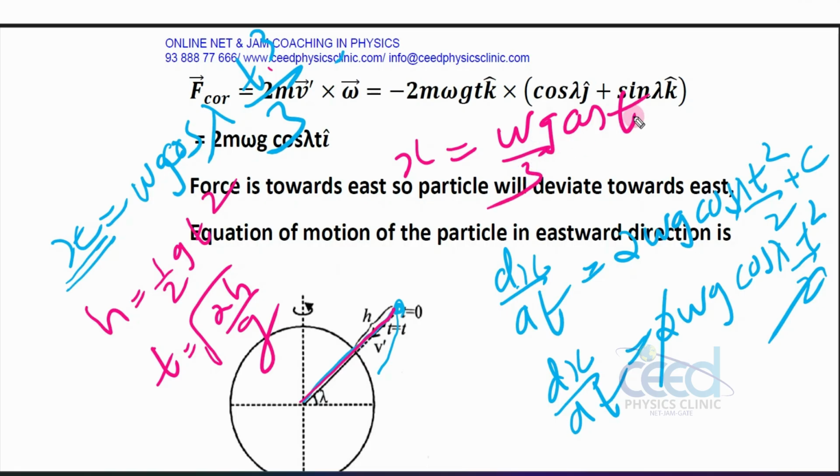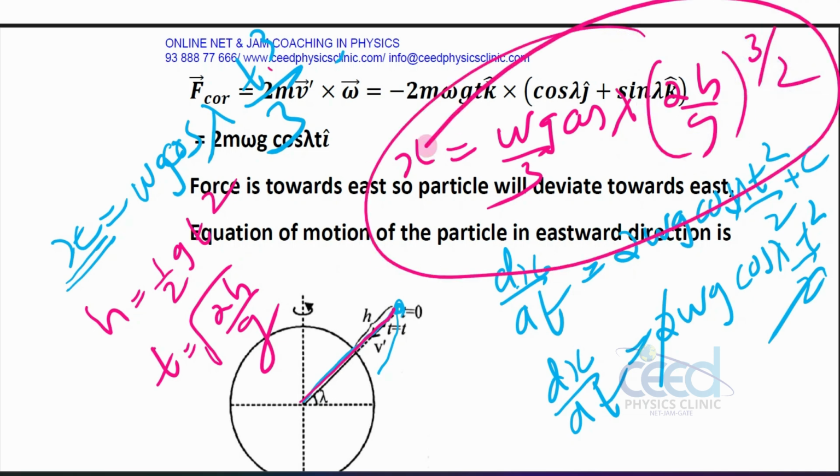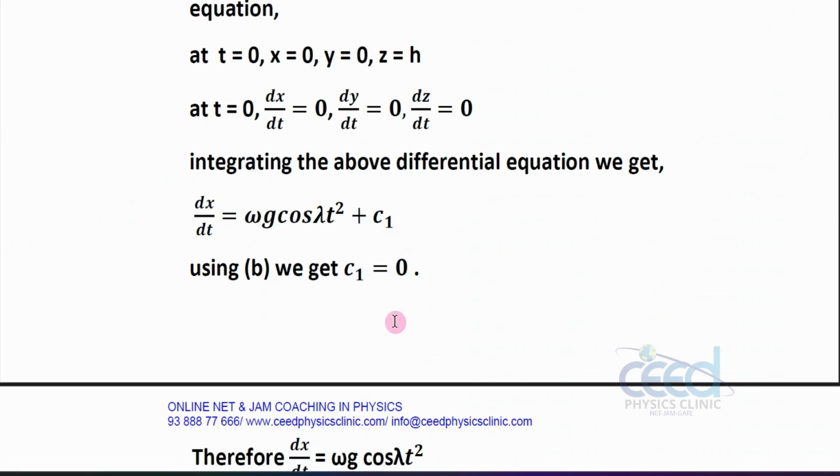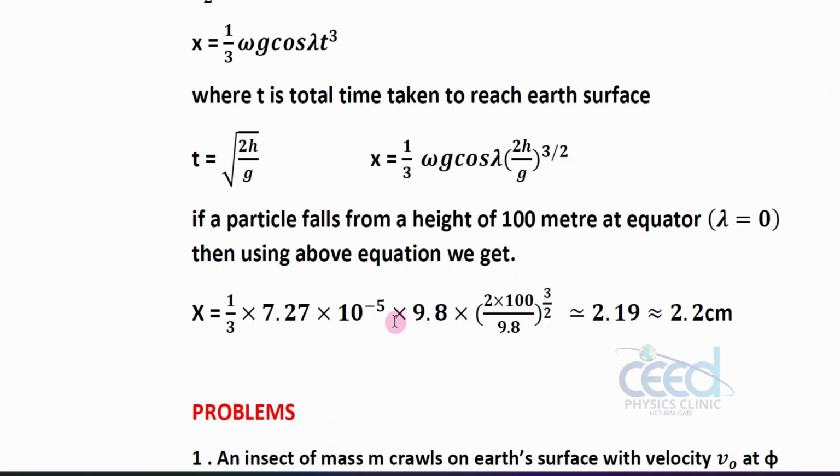Omega by 3 g cos lambda, t cube by 3. t cube is this cube root, then 2h by g whole raised to 3 by 2. This is the eastward deviation formula. This eastward deviation formula is very important. I derived here in the same way. So see, 1 by 3 omega g cos lambda into 2h by g to the 3 by 2.